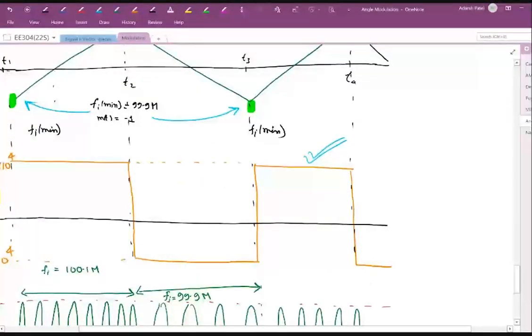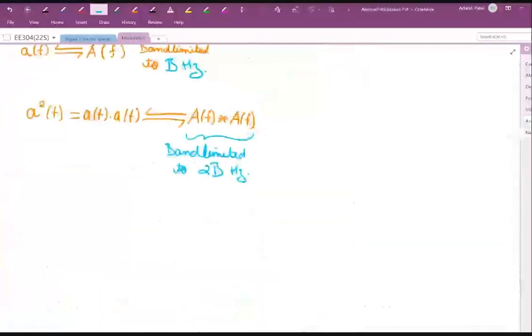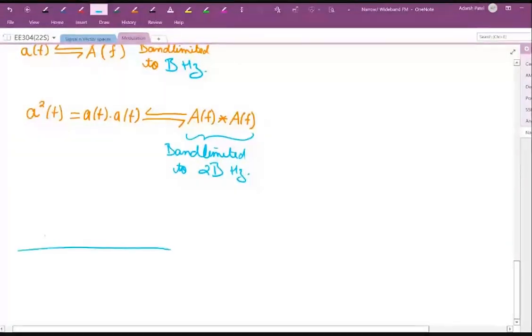Let us assume a wave which goes only from 0 to 1, only one cycle, positive.